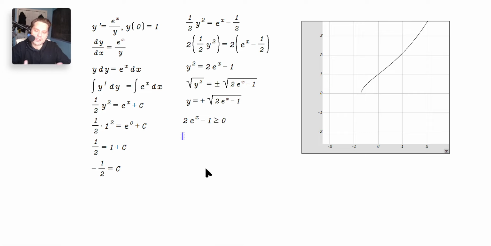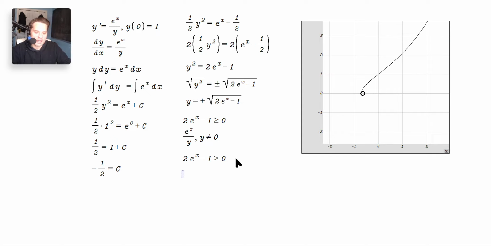However, because this is coming from a differential equation, you have to also observe that e to the x over y, which is the expression that defines the differential equation, means y cannot be equal to 0, correct? Because we do not divide by 0. So that tells us the real condition is 2e to the x minus 1 is strictly greater than 0. If x has this particular value you're about to find, then y would be equal to 0, and then e to the x over y would not be defined.